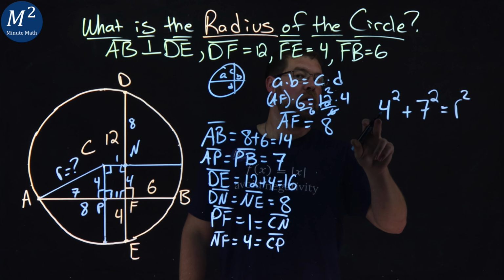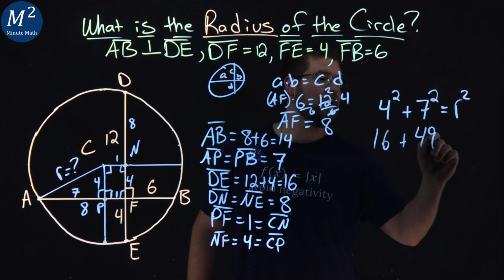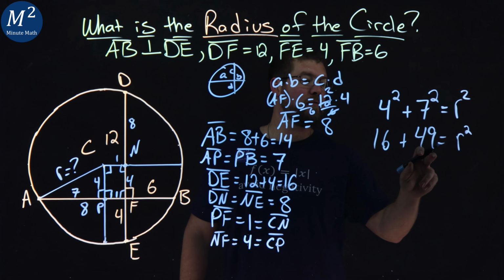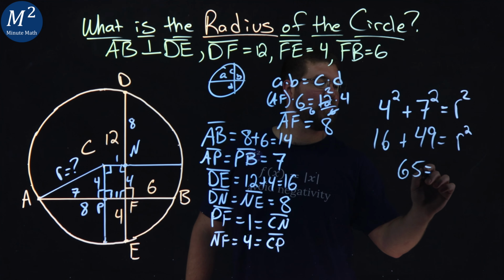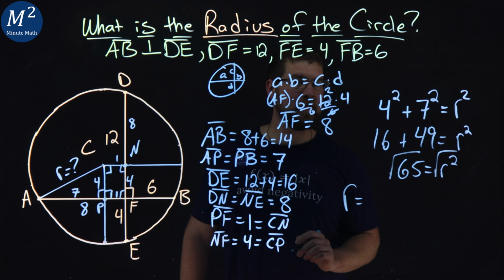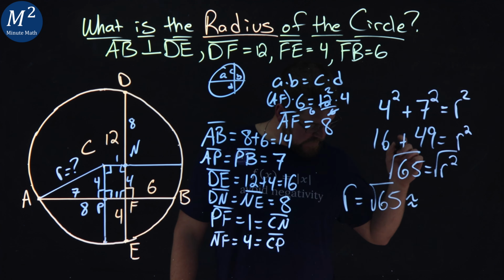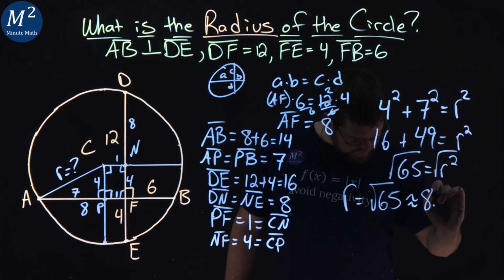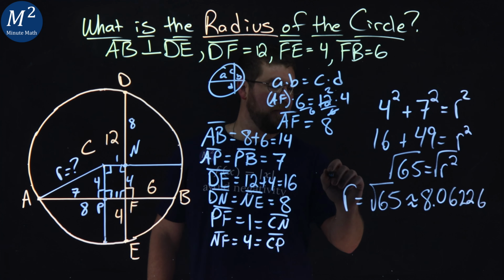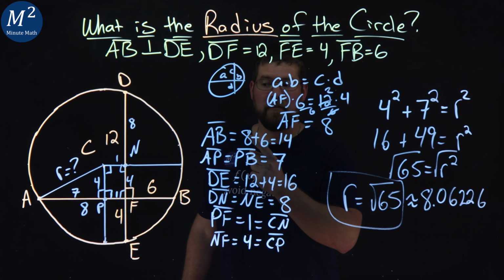Then 4 squared is 16, plus 7 squared is 49, equals R squared. 16 plus 49 is 65, equals R squared, meaning that our radius R is equal to, we square root both sides here, the square root of 65 units, or approximately 8.06226 for my notes. But there we got it. I like this square root of 65 better, and that is our radius of the circle.